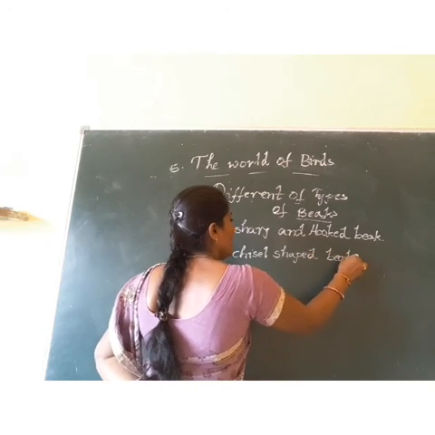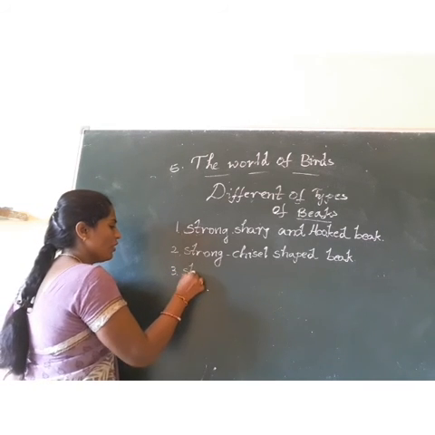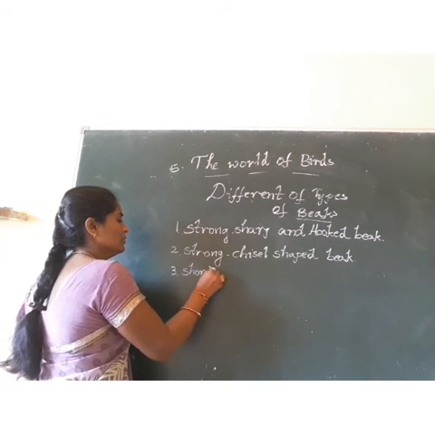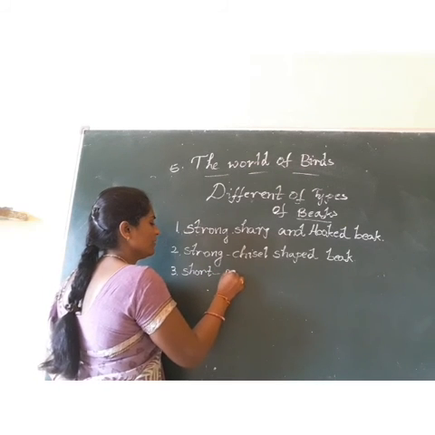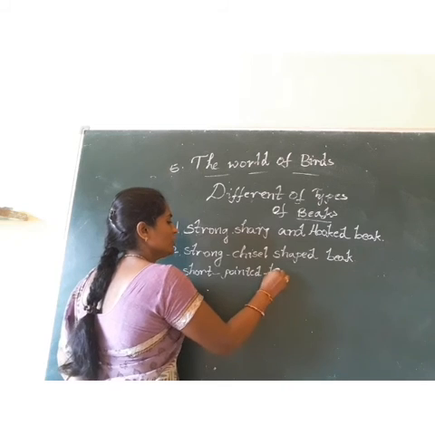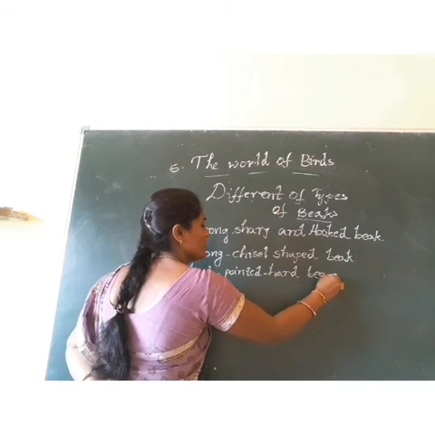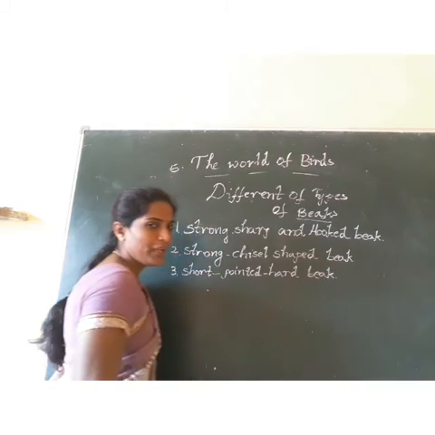Okay, children. And coming to the third one, short, pointed and hard beak. This is also one type of beak.